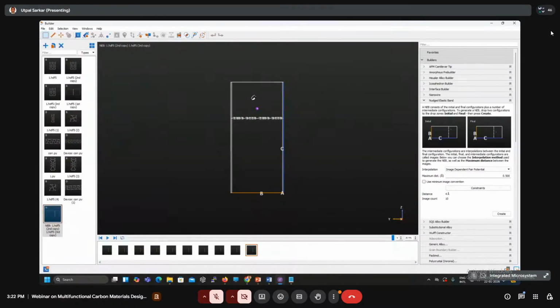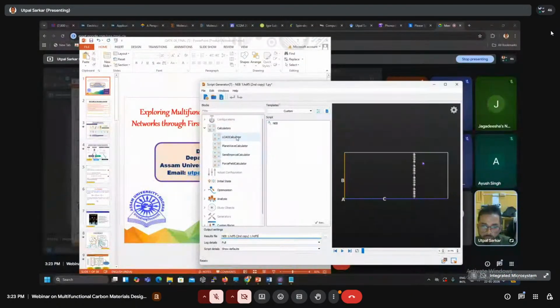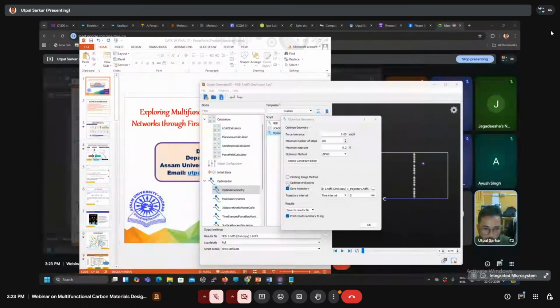So now we have to make the input for the NEB calculation. For making the NEB calculation we have to go to the script generator section. Now choose the calculator, then optimization. In the optimization section we select the climb image method and optimize points. Another parameter is force tolerance, and we have to choose a force tolerance of 0.01 electron volt per angstrom.